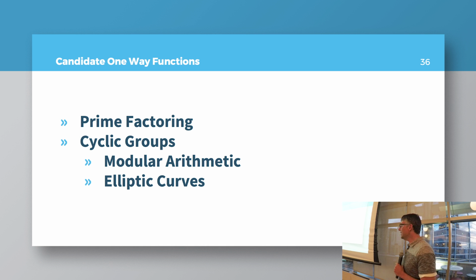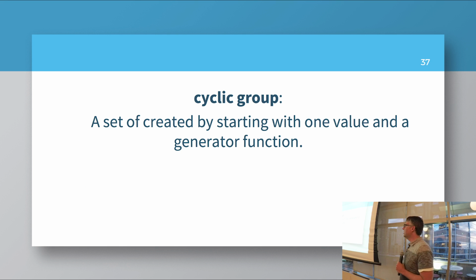The main new ideas that everybody has used since then is this concept of cyclic groups. There are two main types of cyclic groups that are used. One is modular arithmetic, and the other one is elliptic curves. A cyclic group is pretty simple.